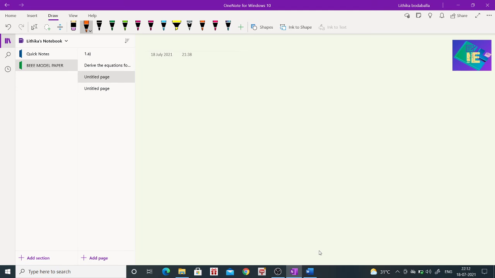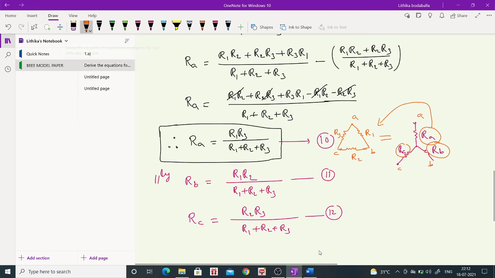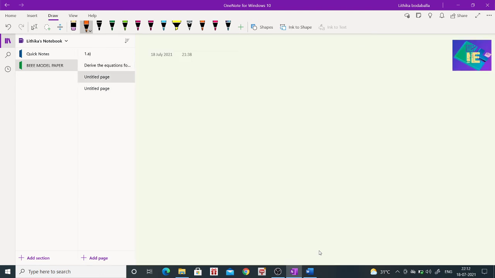So I am using the equations we got earlier. So multiply equations 10 and 11.